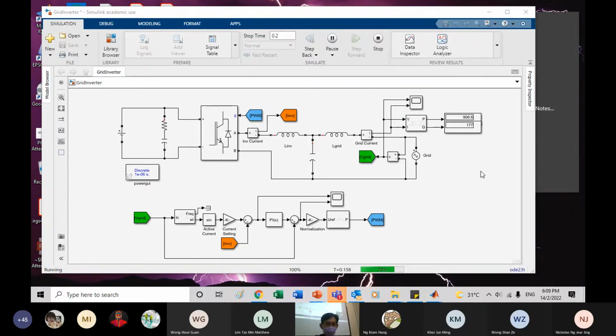Okay, because the system will become much more complex, it takes more time to run, right? I think I ran for 10 cycles. Okay, so now from here you can see the output.